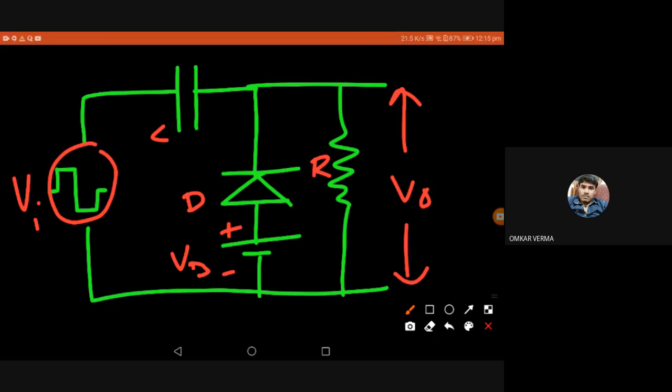That's it. You can assume VB is less than V input. I'll give the condition here: V input is plus 10, minus 10, and VB you can take as 4 volt, for practical considerations so that we can draw the waveform.